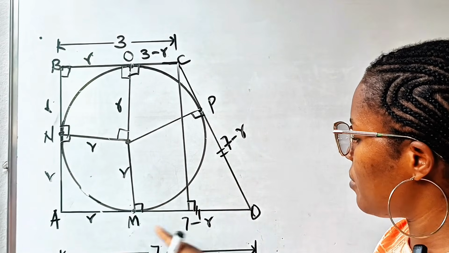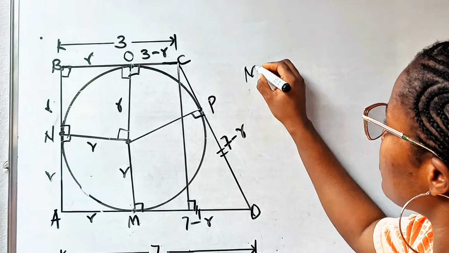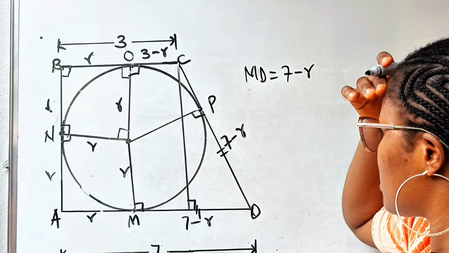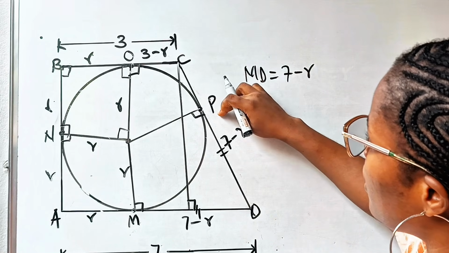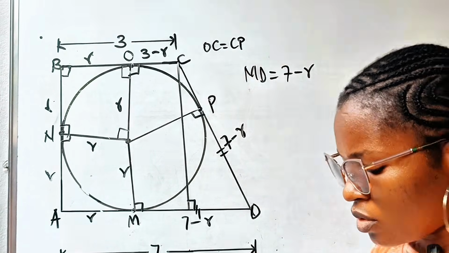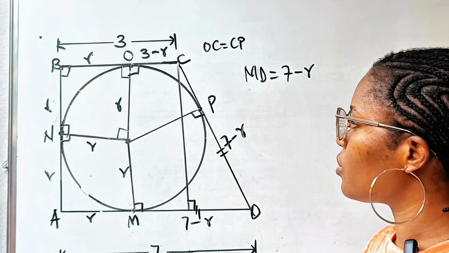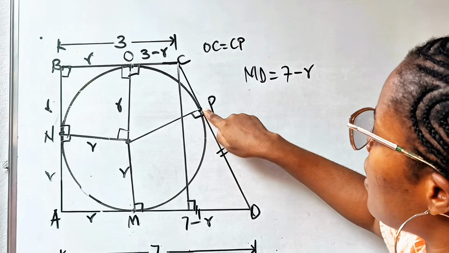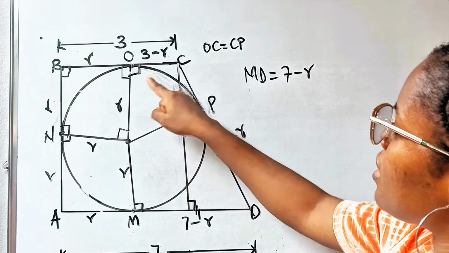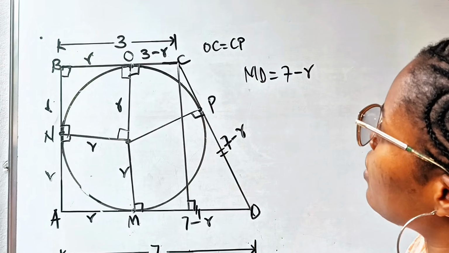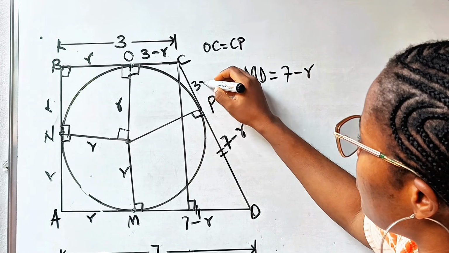Now remember that MD is 7 minus R. Now CP should be equal to OC. So OC should be equal to CP using the tangent theorem, right? Because this CP is a tangent at P and OC is a tangent to this circle at O. So OC should be equal to CP. Therefore, CP is also 3 minus R.